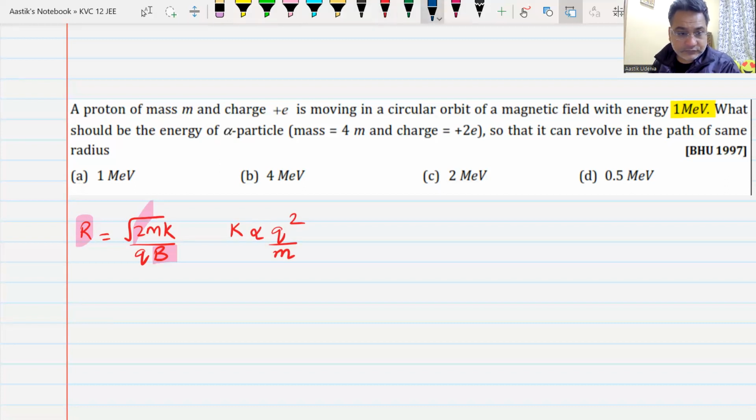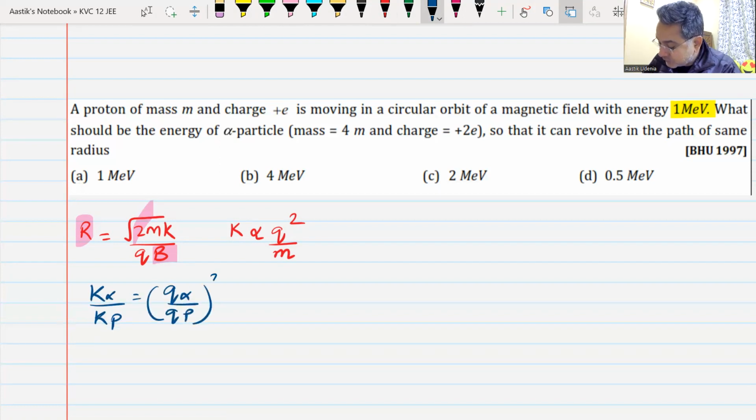Yes, sir. So the kinetic energy of alpha particle divided by the kinetic energy of proton will be Q alpha by Q proton squared, multiplied by mass of proton by mass of alpha particle. One will be 4, one will be 1 by 4, and the answer is 1.